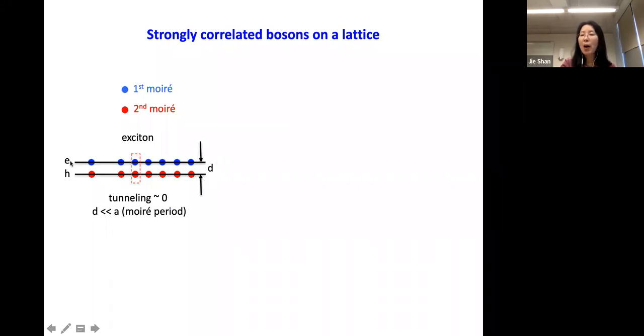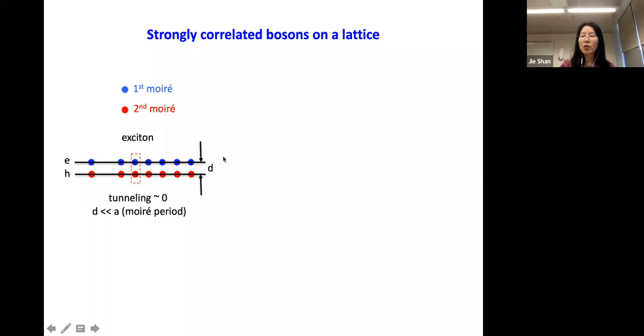And then if I can populate one moire lattice with electrons and the other moire lattice with holes, then the strong electron-hole interaction can form excitons, and then each will occupy some lattice site, right? So in this case, I will have strongly correlated excitons, which are bosons on a lattice.